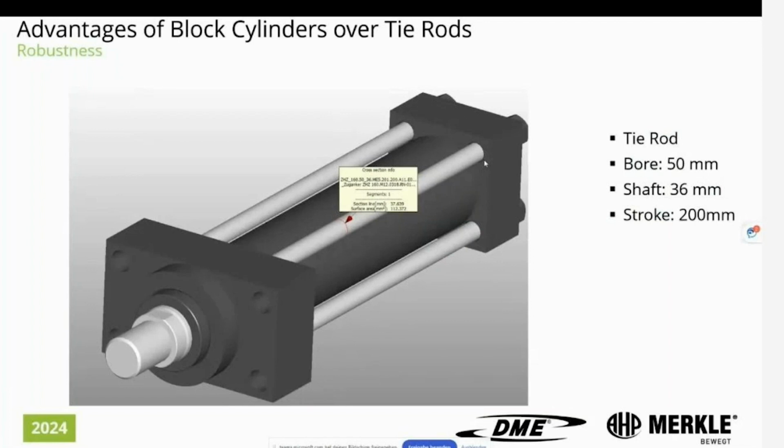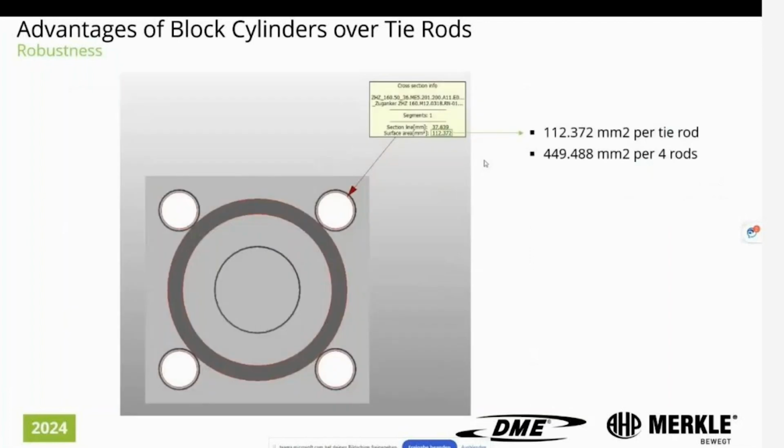We can see here, and I can make it a little bit bigger, that the surface area of the tie rod in this case is 112 square millimeters per tie rod, which means a total of 450 square millimeters for the 4 tie rods together.